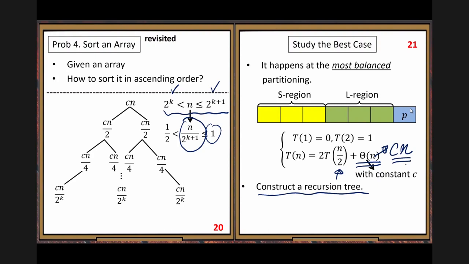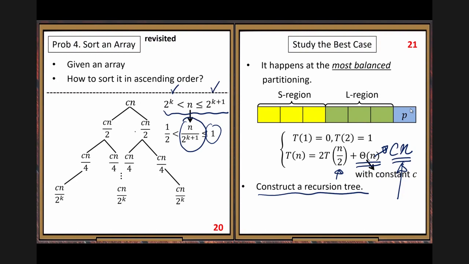Non-recursion cost: in this tree, we accumulate non-recursion cost. This term is out of the recursion. As soon as it appears, it won't be carried to the next recursion. It stays there. So we accumulate this part of the cost in all levels. Top level, just Cn.